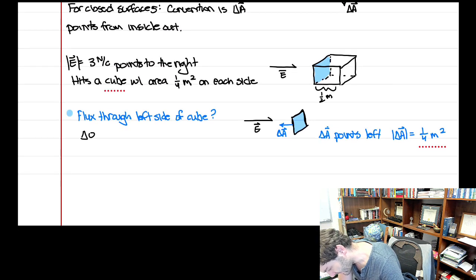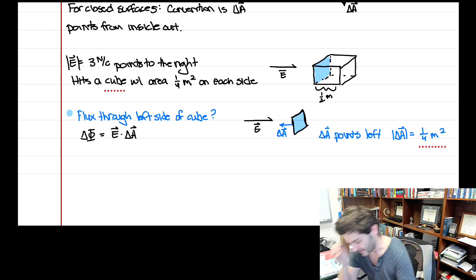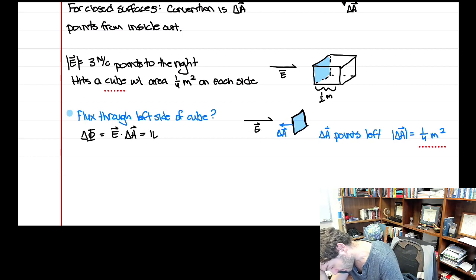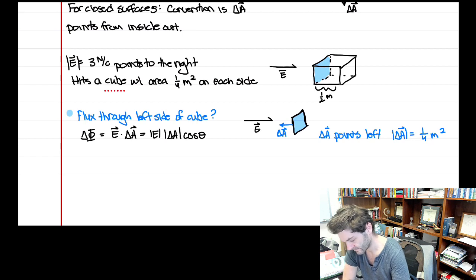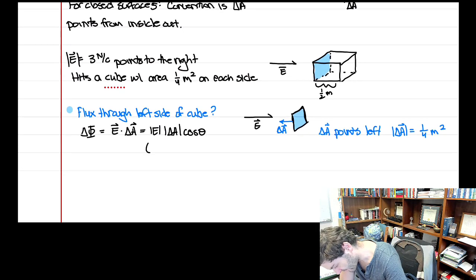So the flux through that patch is the electric field dotted with the area vector delta A. That is the same thing as the magnitude of the electric field times the magnitude of the vector A times the cosine of the angle between them. The electric field we said had magnitude of 3 newtons per coulomb.